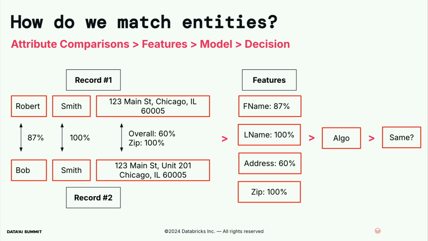The crux is it does calculate edit distance between two relatively similar attributes and gives you a value. So in this case, we see that the system might tell us Robert and Bob are maybe like 70 or 80% similar. The last name matches perfectly, so there's a perfect score there.